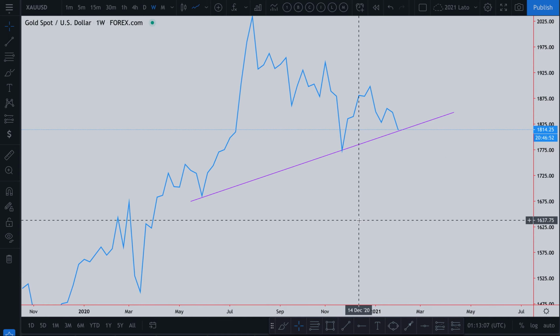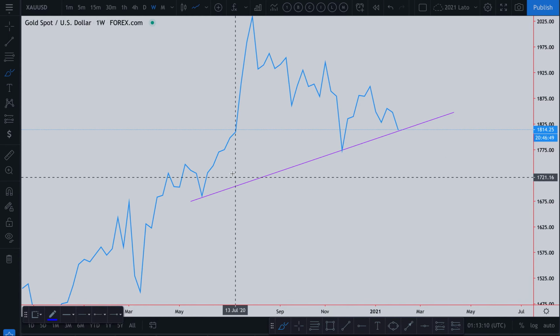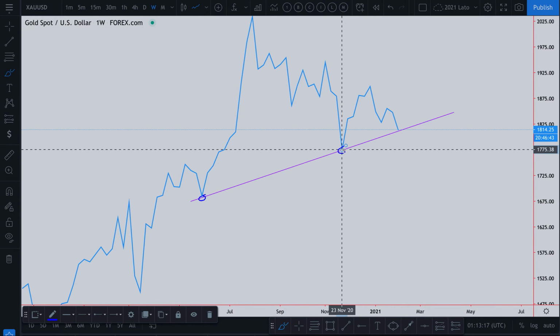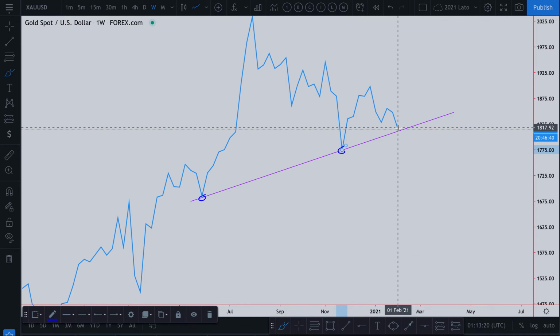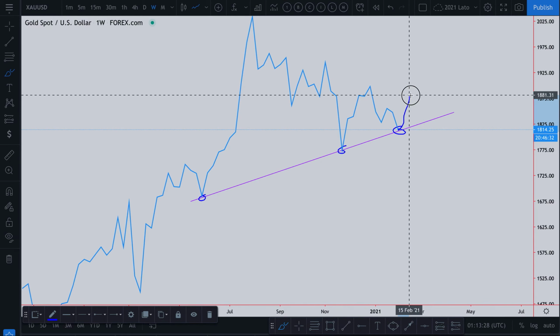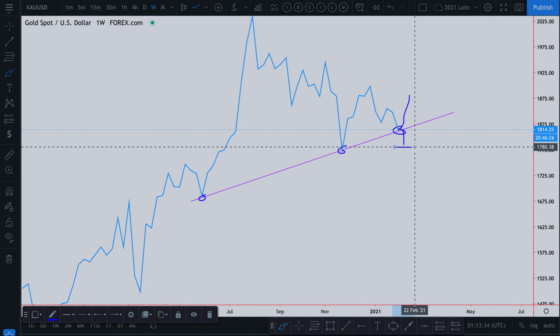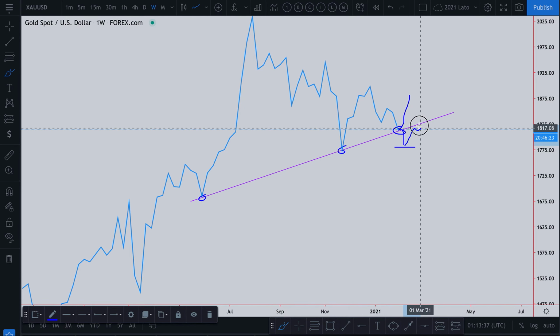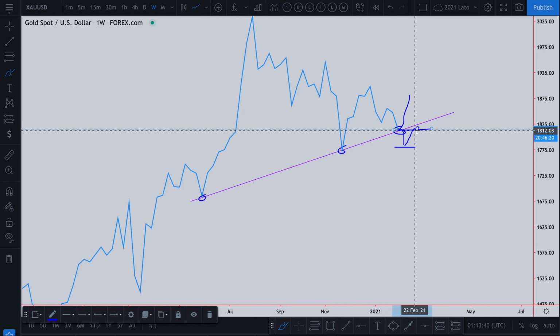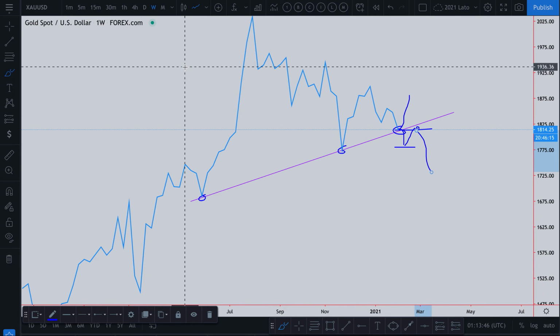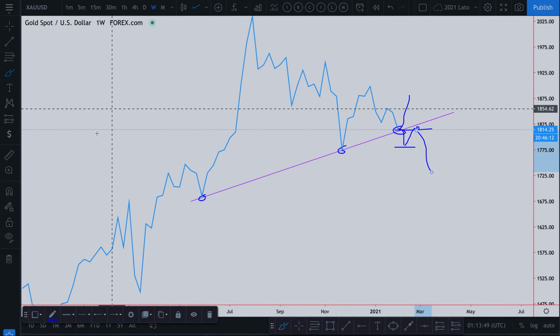What I can see here is the trend line was respected twice before, here and there, and the third time, last week, the trend line was respected again. From there, the market could reject from that zone, or the market can break below the trend line, go back to retest that level, and still go down. That's what I can see from the weekly time frame.